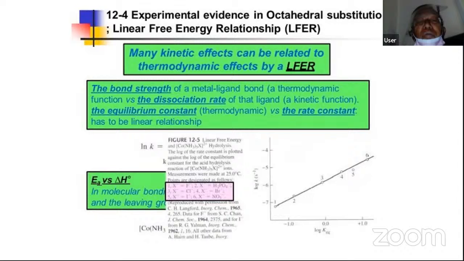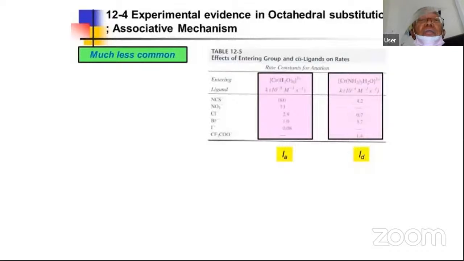So these two parameters, kinetics and thermodynamics, will provide you the activation energy and also the hydration enthalpy. Okay, next slide.